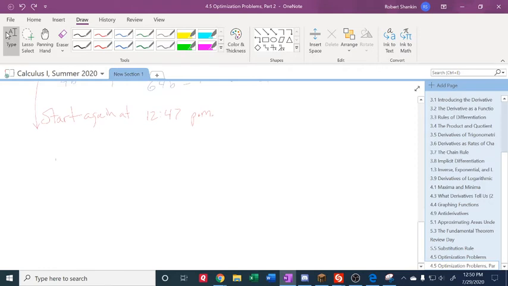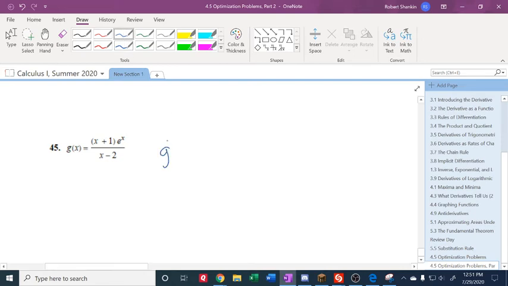Too small. Let me blow it up. Alright. So we have this, and we need to find g prime of x.